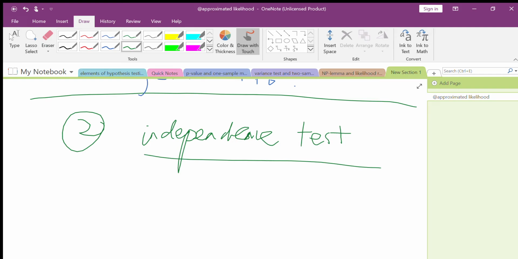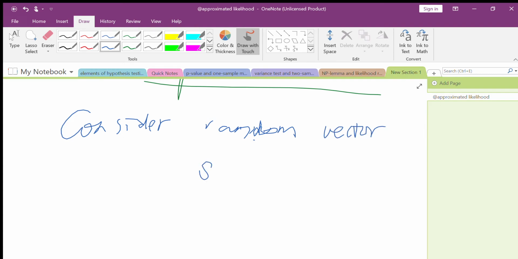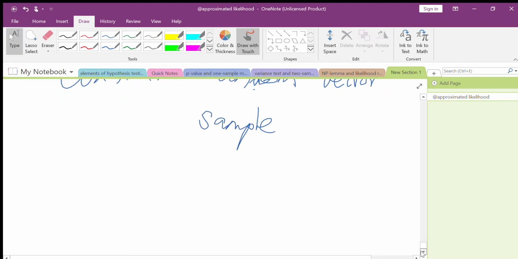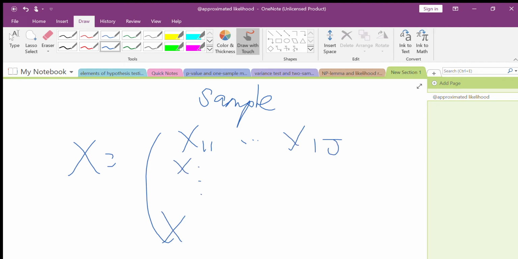For the independence test, let's consider the following random vector sample. Capital X is capital X11, ..., X1J, X21, ..., X2J, and XI1, ..., XIJ.